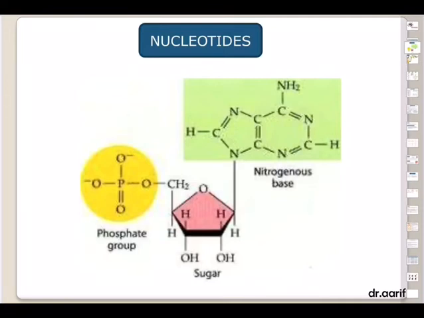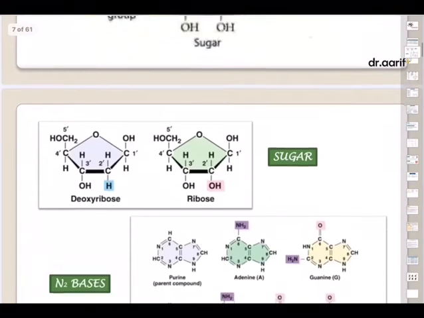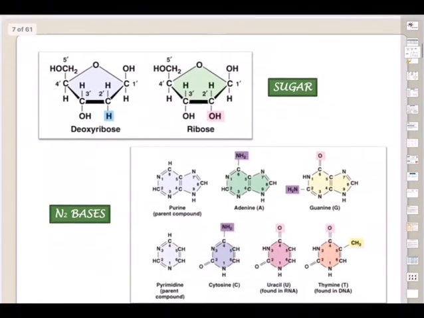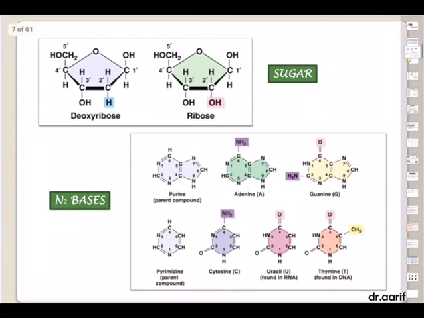That is phosphoric acid. And on the other side, the nitrogen base is attached. So a pentose sugar with a phosphate and a nitrogen base is a nucleotide. Such nucleotides we can consider as a monomer. Many monomers like this will join together, make a polymer, and that polymer is either DNA or RNA.